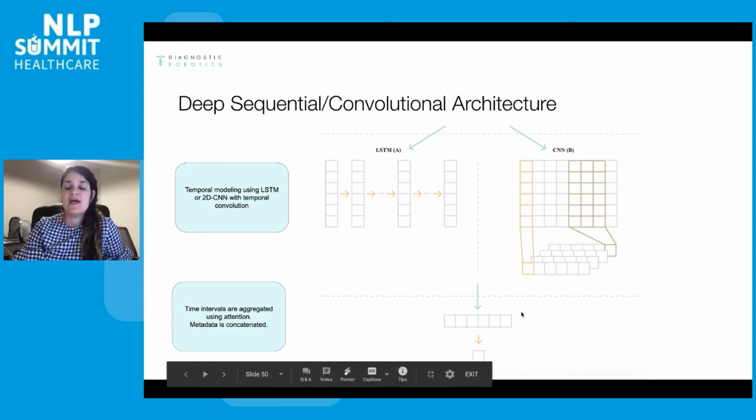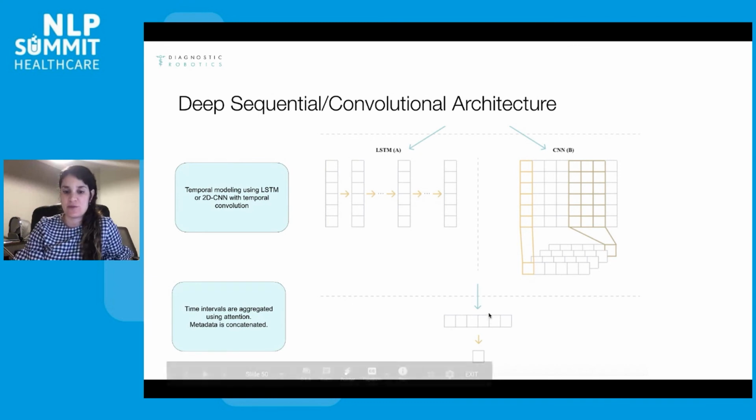Then we get the final embedding of the patient using all the months and codes he had. We use this representation to predict the final label, which is a binary label: whether this patient is going to be at risk in the next 3 months, in the next 6 months, etc.